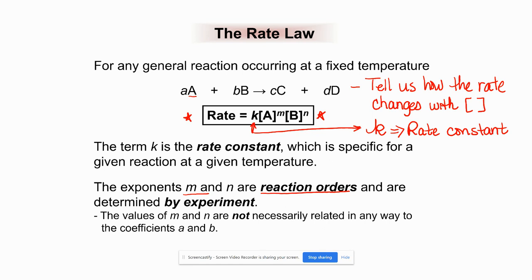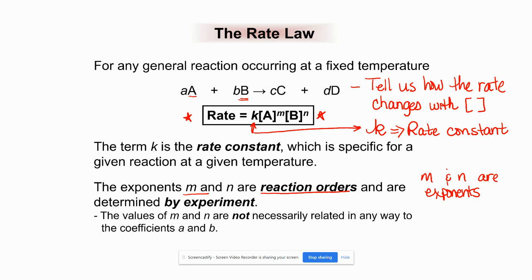We're going to talk more about M and N in a moment. Times B, the other reactant, to its order, the superscript there. It's an exponent. So M and N are exponents. Okay, we're going to expand on that in a moment.